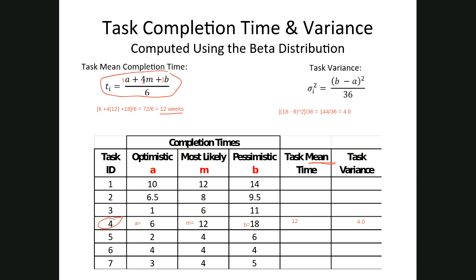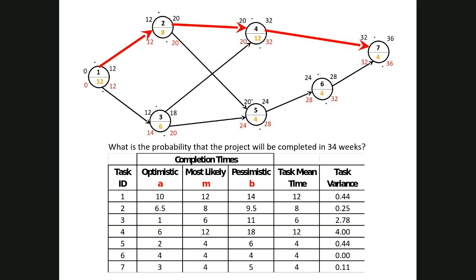When you complete all of those, and again, it's not hard, I would encourage you to complete those, you're going to get what we have on our next slide. Here's our task mean for task 4 and our task variance for task 4.